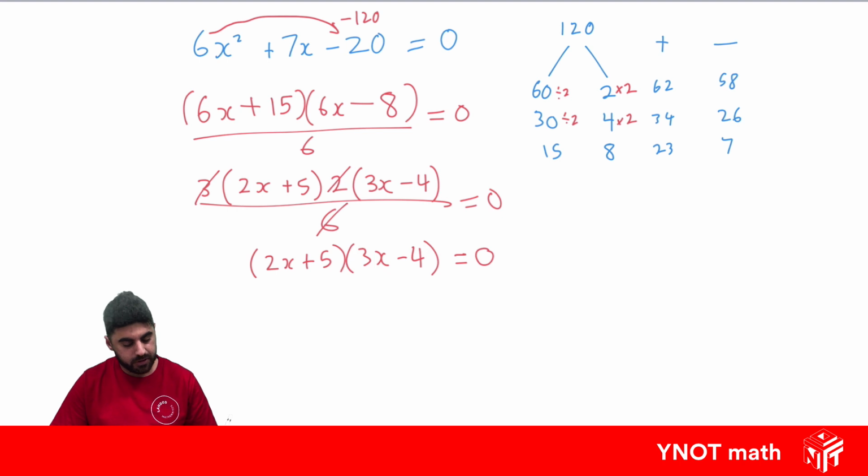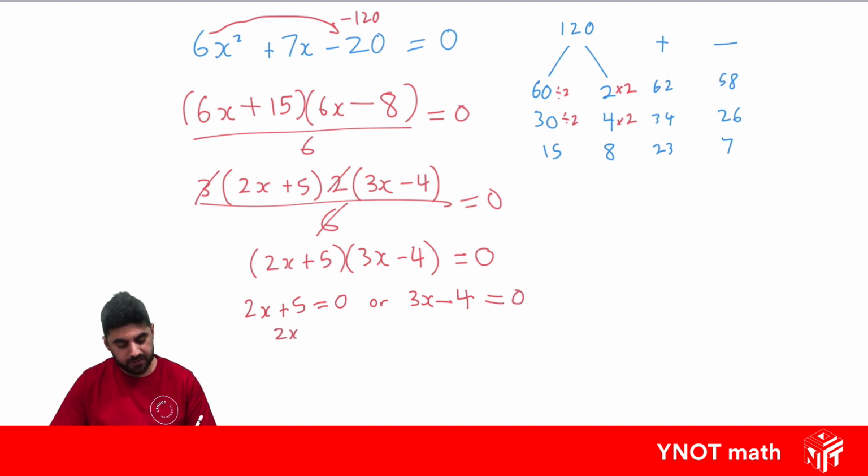This one's a little tricky because the coefficients of x aren't 1, so it might help if we write these equations separately, because we've got this times this equaling 0, so either this has to equal 0 or this has to equal 0. So we get 2x plus 5 equals 0, or 3x minus 4 equals 0, and we just have to solve these.